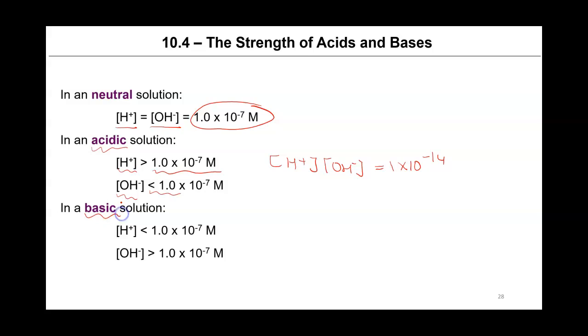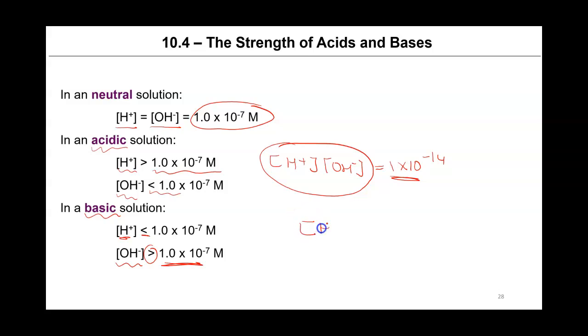In a basic solution, remember that bases act to increase hydroxide ion concentration. The hydroxide ion concentration is greater than what we find in a neutral solution. Again, because the product of the hydrogen ion concentration and the hydroxide ion concentration always has to equal 1 by 10 to the minus 14, that must mean that the hydrogen ion concentration in a basic solution must be less than 1 by 10 to the minus 7.